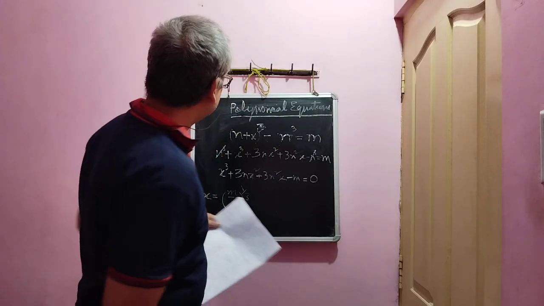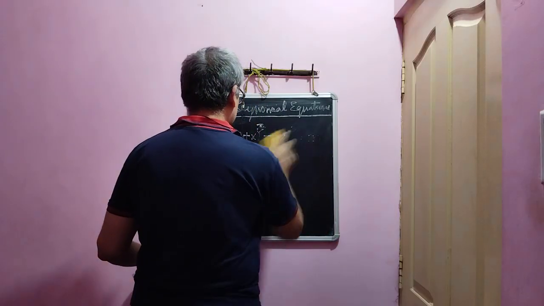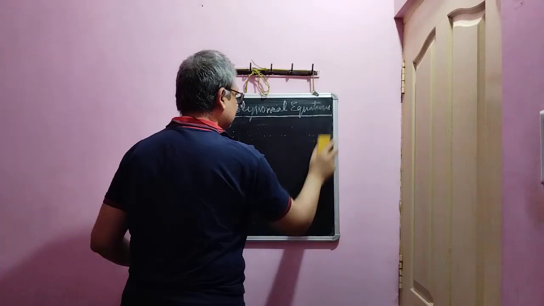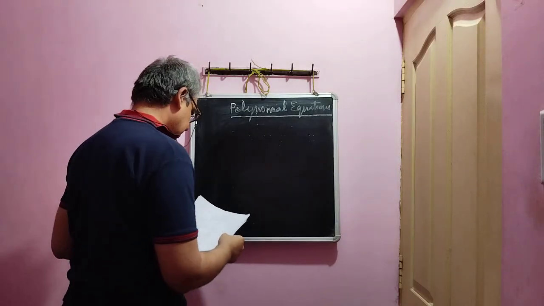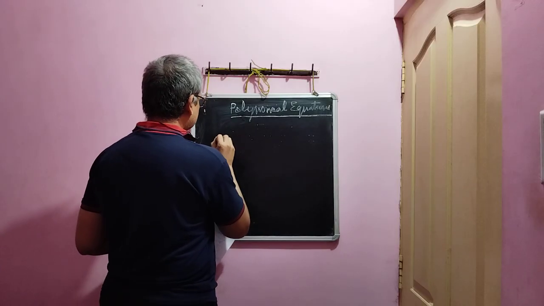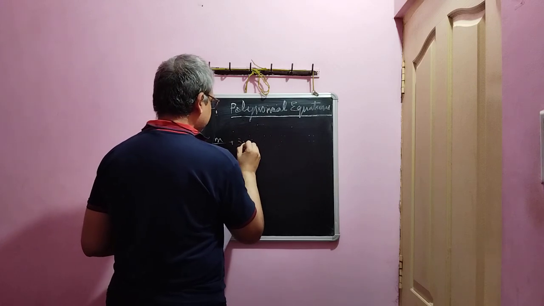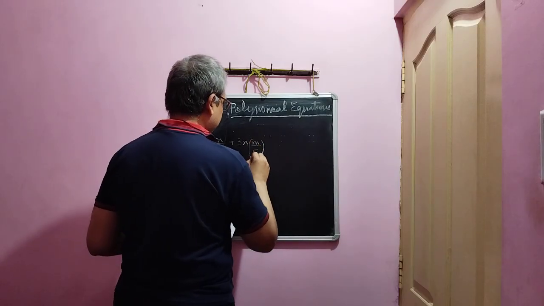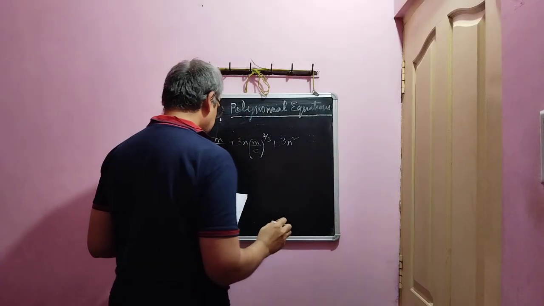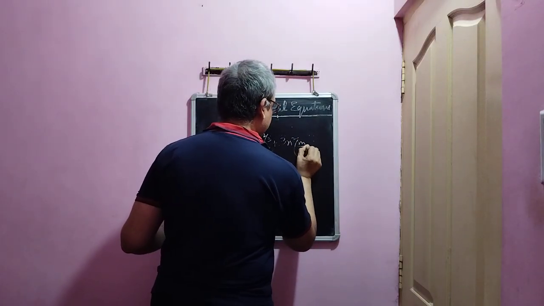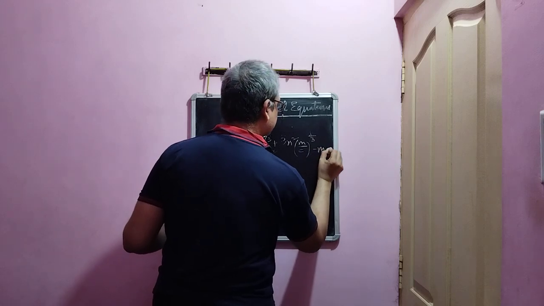Once we substitute that here, we will get the following equation: m by c plus 3n times m by c power 2 by 3 plus 3n square times m by c whole power 1 by 3 minus m equal to 0.